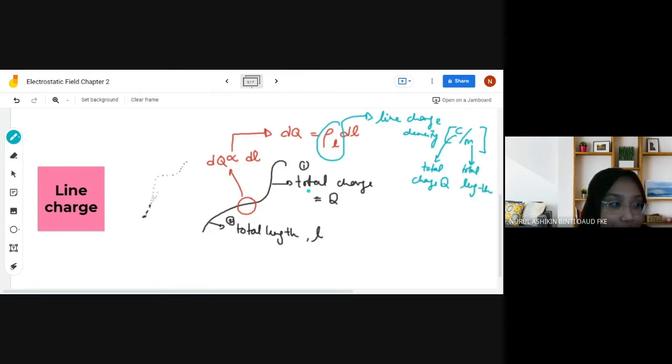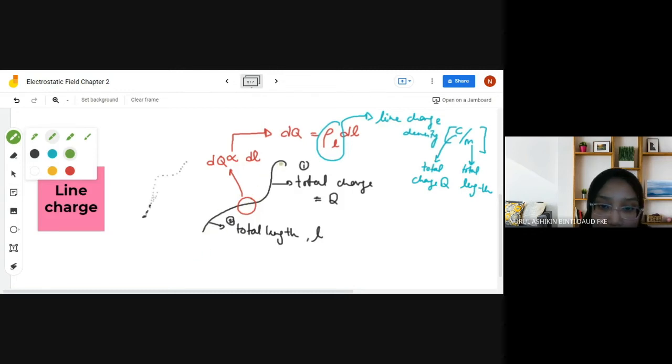So this is how we can rewrite this proportionality form into equality form. We have to introduce one constant here, which is rho L. So let's say there is a question, and the question asks about the total charge carried by the line charge.